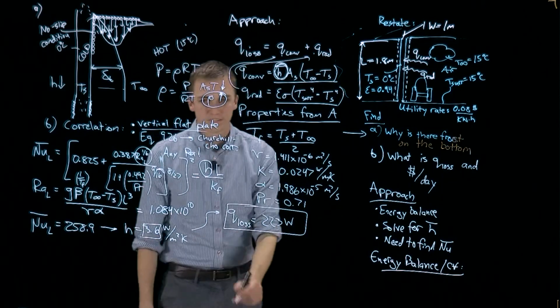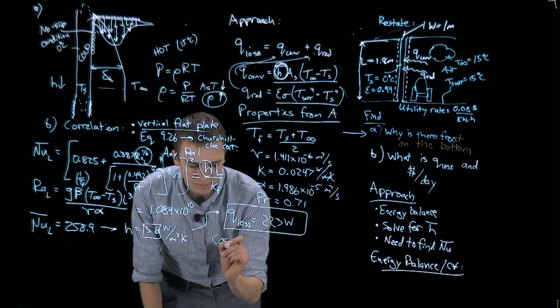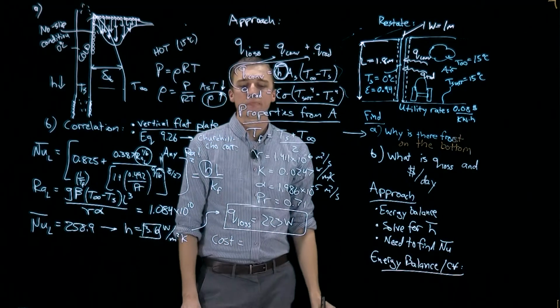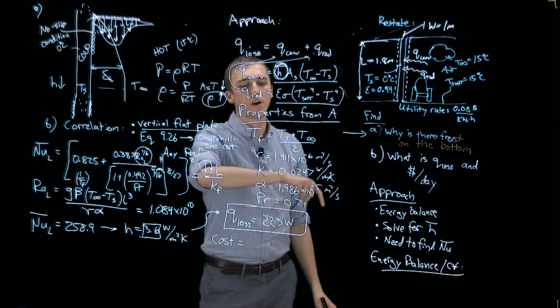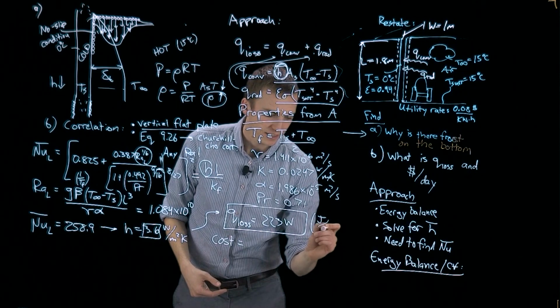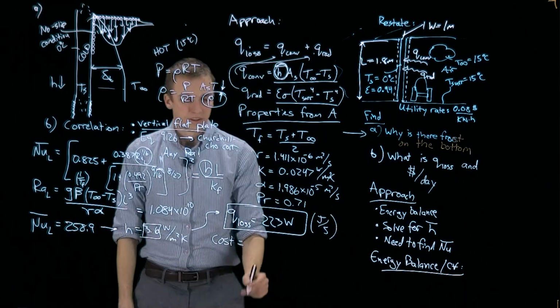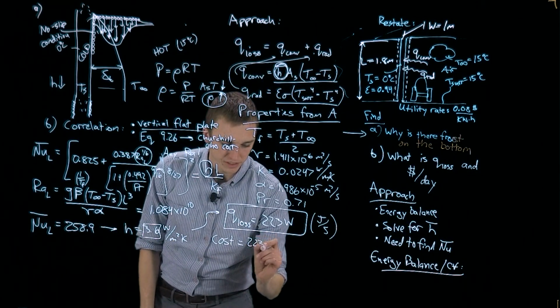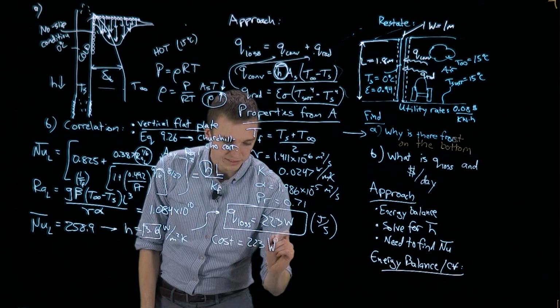All right, the final part of our problem is to find how much this is going to cost us per day. Okay, so this is watts, or joules per second, amount of energy per second. So we're going to write that out, 223 watts.